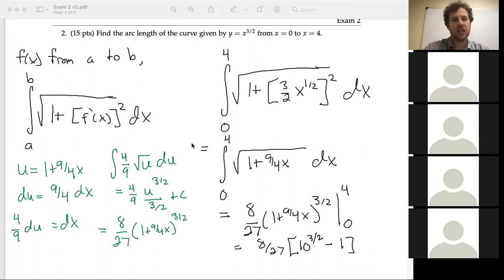So in this case, if you're studying, this is one where I'd put a little more emphasis on looking at the different examples we've done and seeing what the integration has looked like. Because in here, there's a formula. You do need to know that this is the formula, in particular that it's the derivative being squared, not just the function.